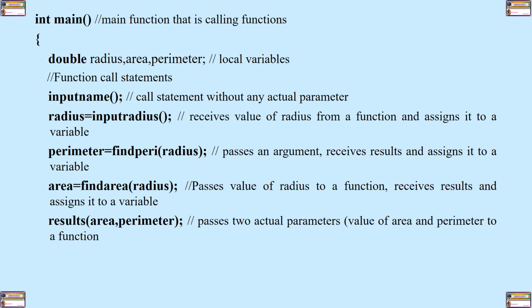So this is a call statement which passes two actual parameters, area and perimeter, to the function called results. And our function main ends its activities and returns the control back to the operating system, and that indicates the end of our program. Now, after the main, we are now going to see the definitions for our functions.